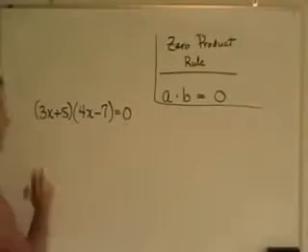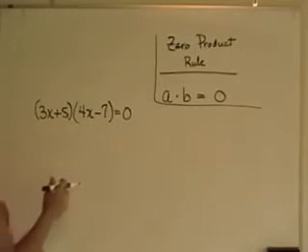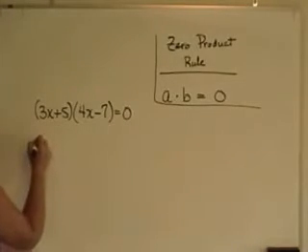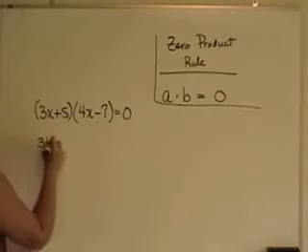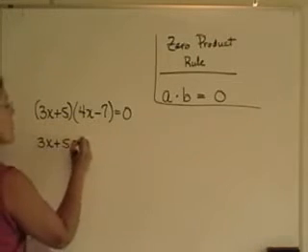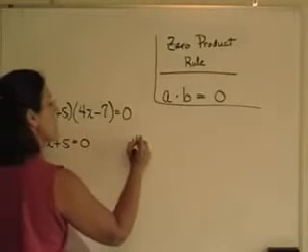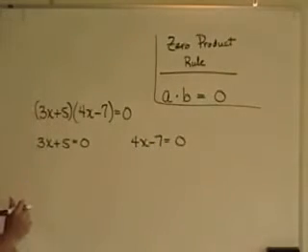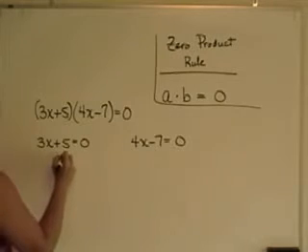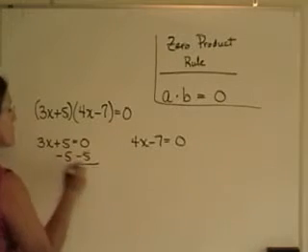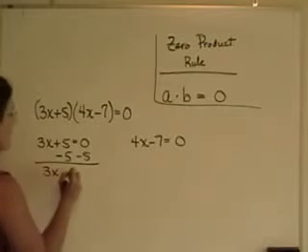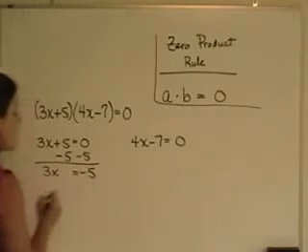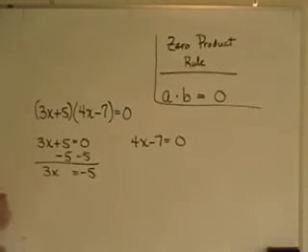Applying the zero product rule to this problem, already in factored form and set equal to 0, just means letting 3x plus 5 equal 0, and letting 4x minus 7 equal 0, and taking these two linear equations and solving them for x. In this case, I'll subtract 5 from both sides. Again, you don't need to show these steps every time, but since I've not done this in a video form prior to this, I'd like to show them.